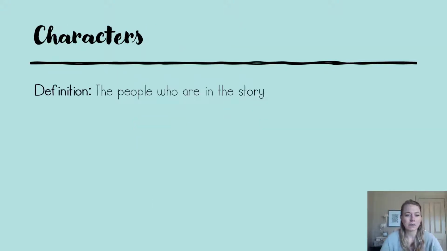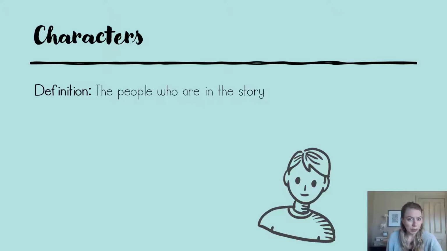All right, characters. You probably know this definition. They're the people who are in the story. Easy peasy. Now, here's the thing. When I say people, I don't necessarily only mean human people. I mean people in a bigger sense. So it could be animals, for example, the pig in Charlotte's Web, Wilbur, or the spider, Charlotte.